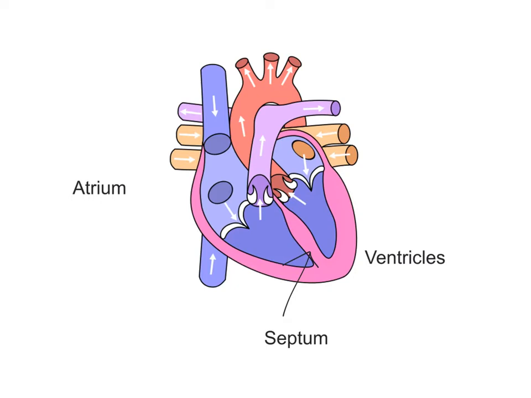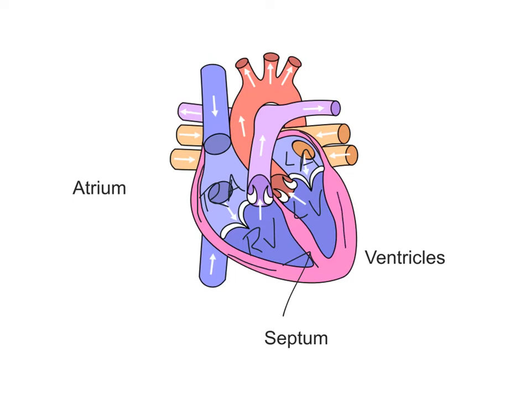So what we have here is the right atrium, the right ventricle, the left atrium and the left ventricle. We can also see the walls of the atriums or atria and the walls of the ventricles.